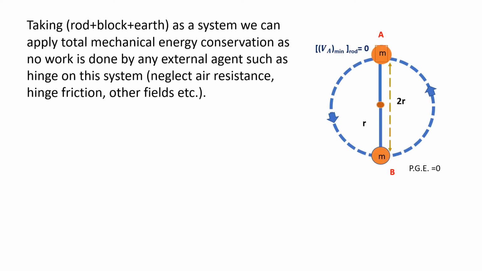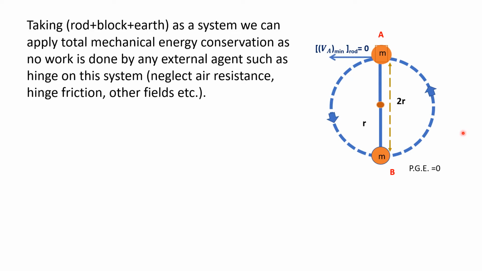So continuing the same situation, here we have taken the rod, block and the earth as a system. We can apply total mechanical energy conservation as no work is done by external agents such as the hinge on this system. Also, we have neglected air resistance, hinge friction and other fields.